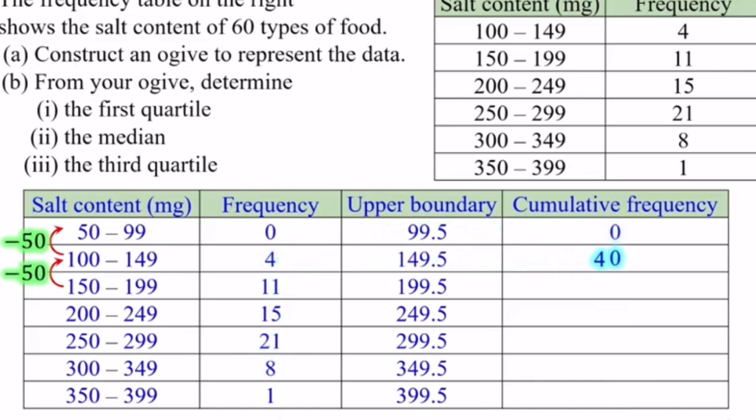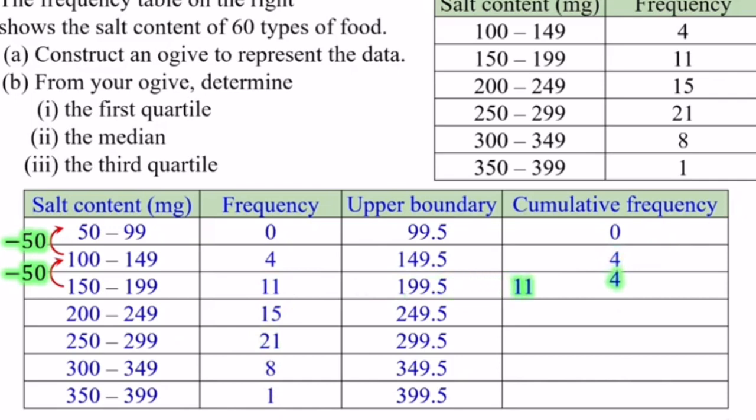So for the next class interval, the frequency is 11, and we are going to add this 11 to the 4. So it's 4 plus 11, and we will get the answer, which is 15. That means we have added up all the frequency 0 plus 4 plus 11, so we get a cumulative frequency of 15.